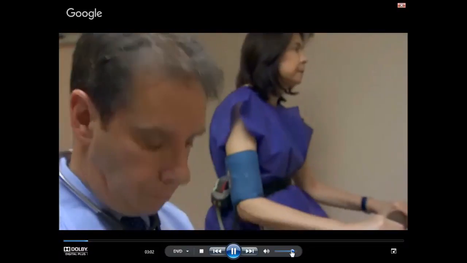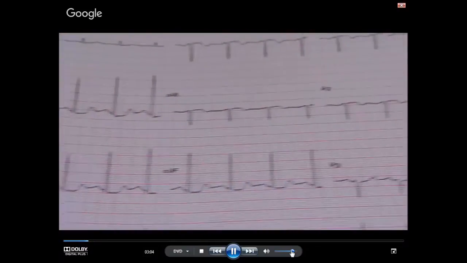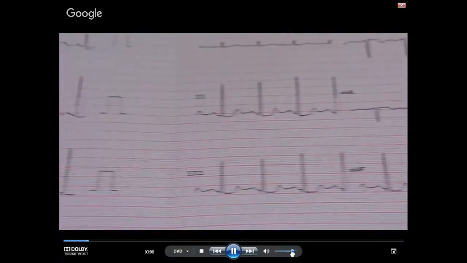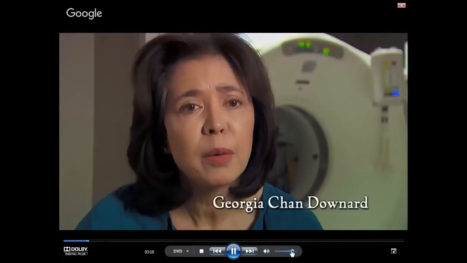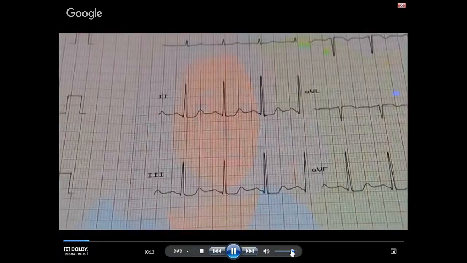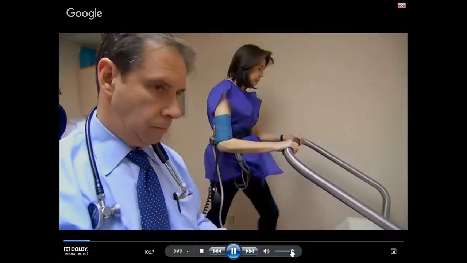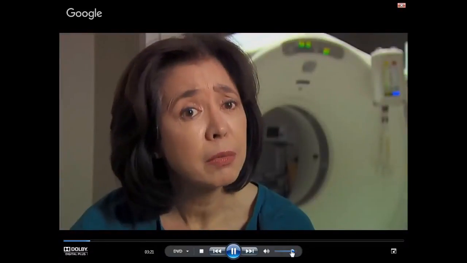I could tell as he was looking at the graph that there might be something. Maybe it was instinctive on my part. Maybe I was just nervous. And he turned to me and he said, there are some irregularities here. I didn't really understand until I said to him, well, exactly what does this mean? And he said, I think maybe you have a blocked artery.